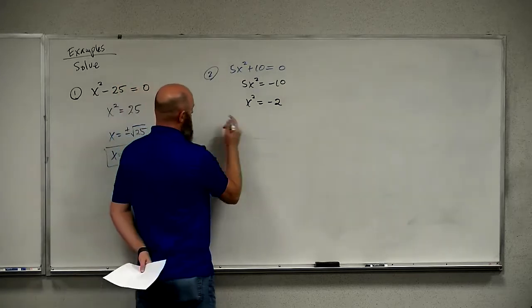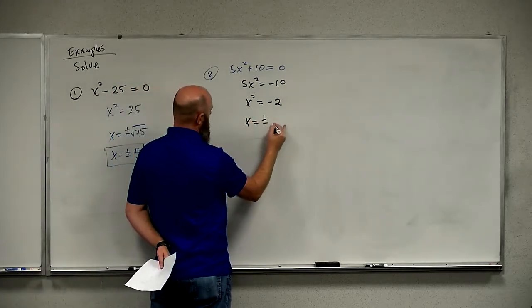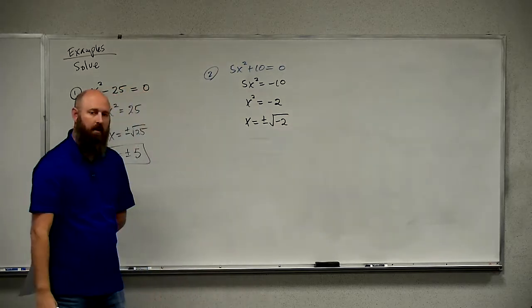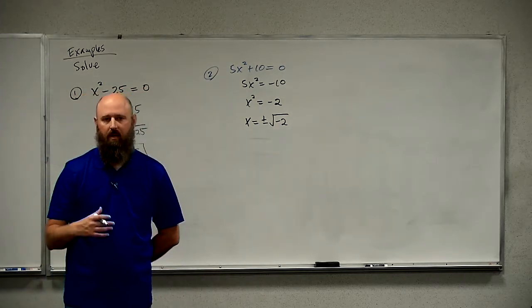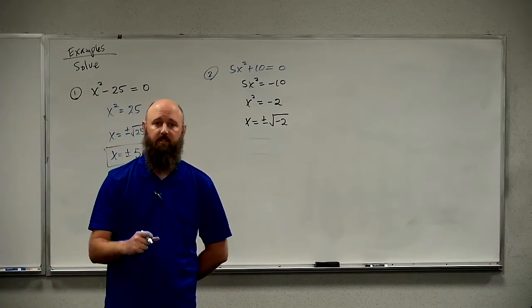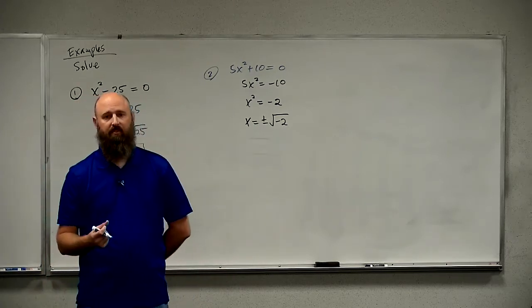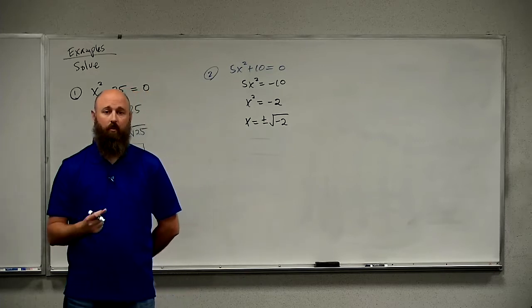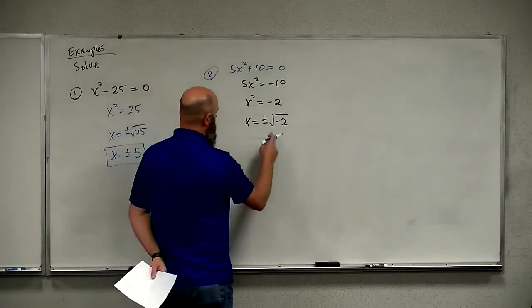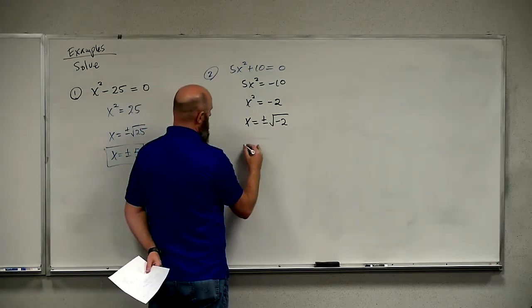Well, if we use that principle, that means x equals plus or minus the square root of negative 2. Now we know if we plug that in, that's not a real number. But we don't care about it being real or not. We can still do these with the simplification of the complex rules that we learned in 7.3. So we want to do that. We see that negative can be taken out.